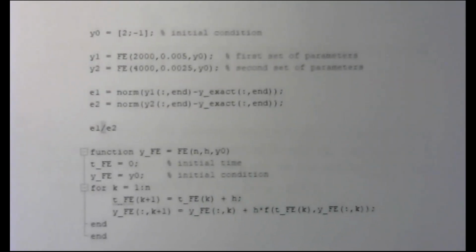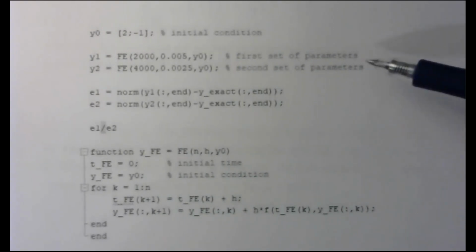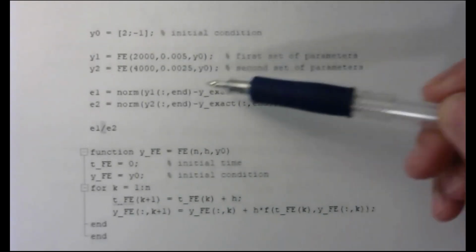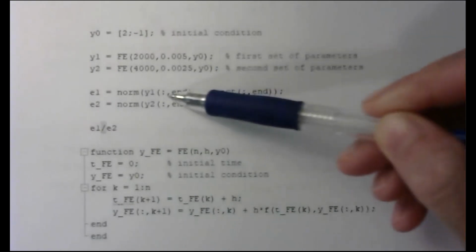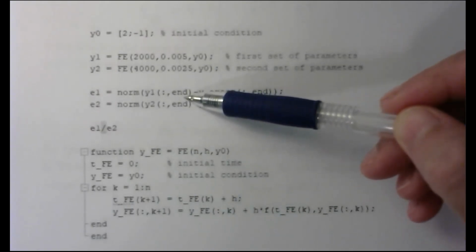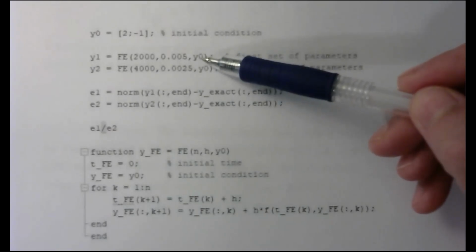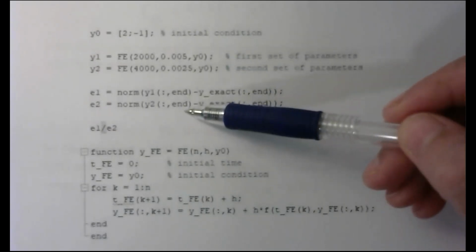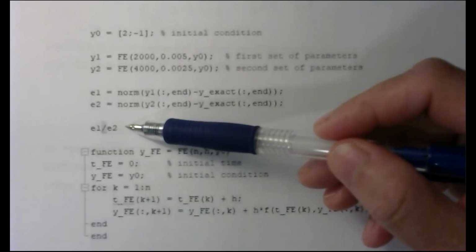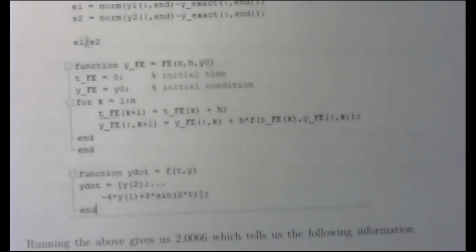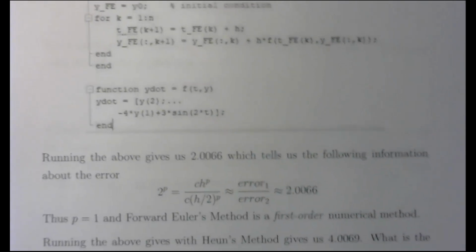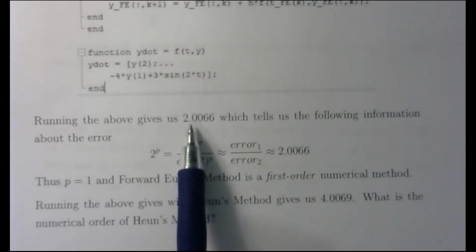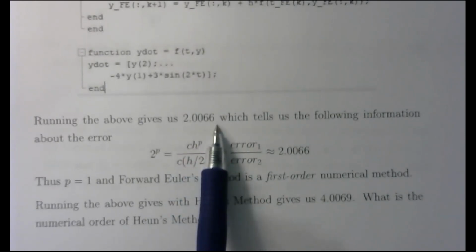I will also upload the MATLAB code for this. It will be lecture 22 error. I'm going to compute for forward Euler. I'm going to take the difference between the exact solution and the final term from forward Euler with h of 0.005 or 0.0025, and then take the ratio of those. If I run this, you don't have to go through it with MATLAB, but running this gives me an output for the ratio of these errors of 2.0066.